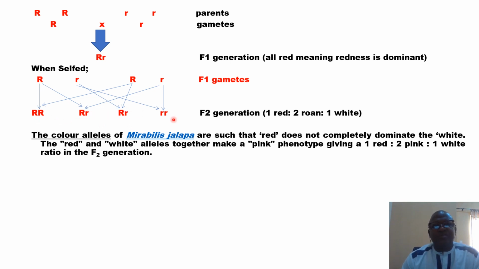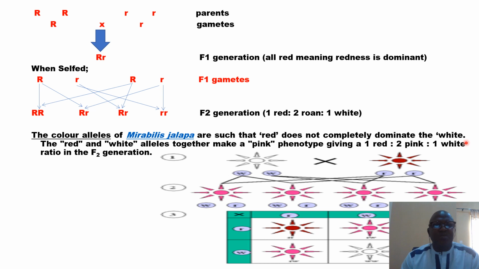If you look at the example of the color alleles of the Mirabilis jalapa plant, the red flower color does not completely dominate the white.